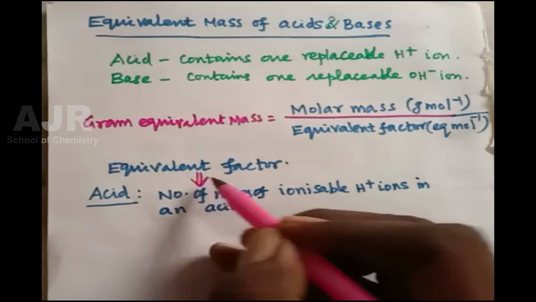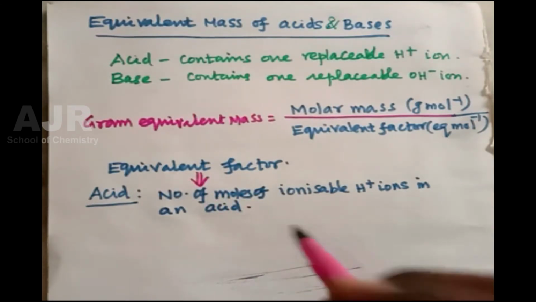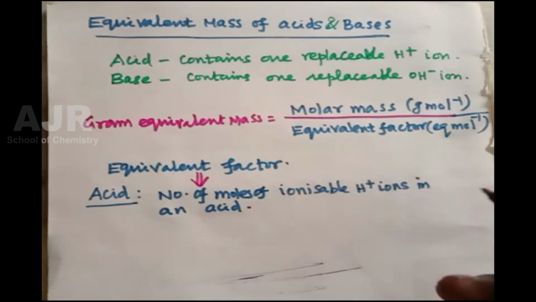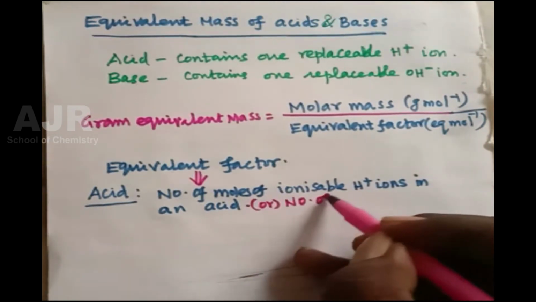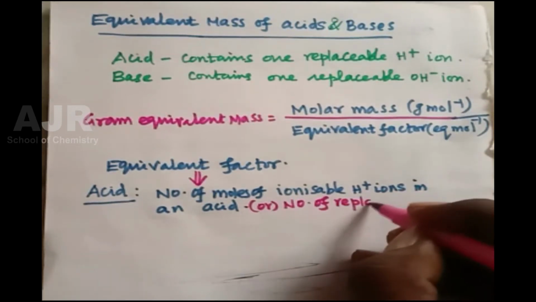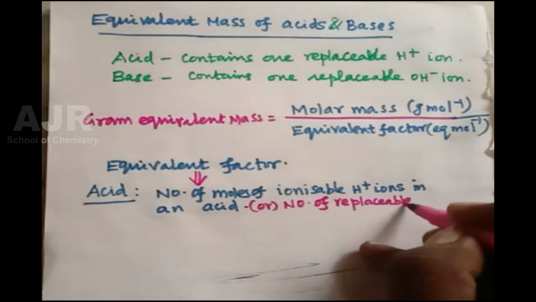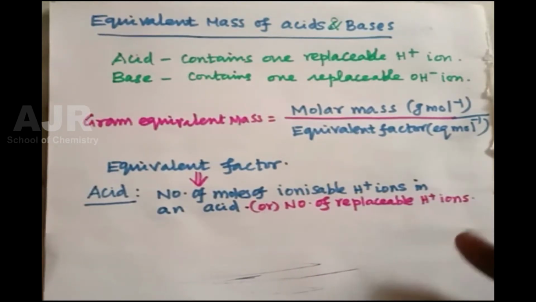For acid, the equivalent factor is the number of moles of ionizable H plus ion, or we can say the number of replaceable H plus ions.